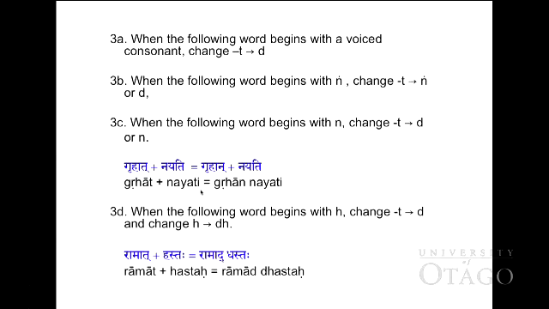Kaluhat nayati will be Kaluhan nayati. When the following word begins with h, you can change T to D and change h to dh, such as tat hastaha. Change T to D and change h to dh, so it will be tad dastaha.